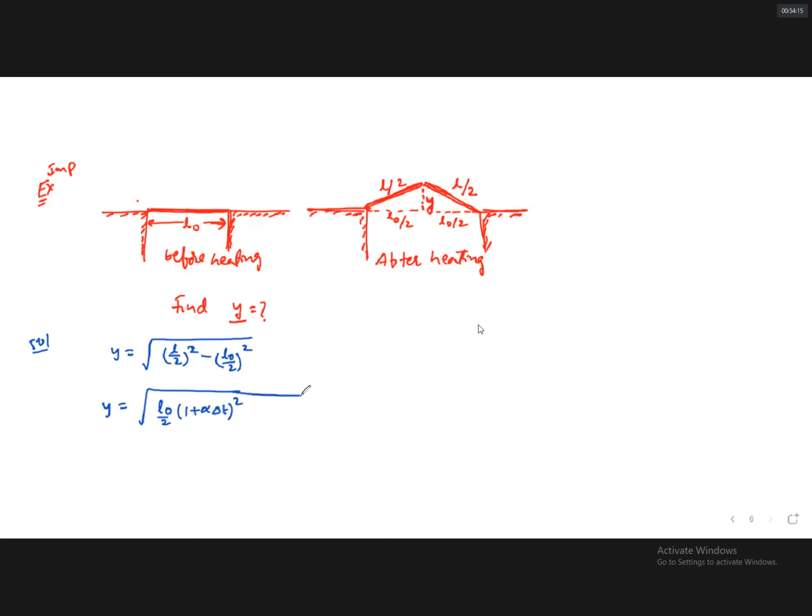So y is the square root of (L0 by 2 into (1 plus alpha delta T)) whole square minus (L0 by 2) whole square.